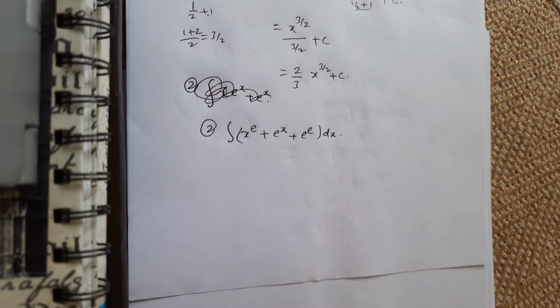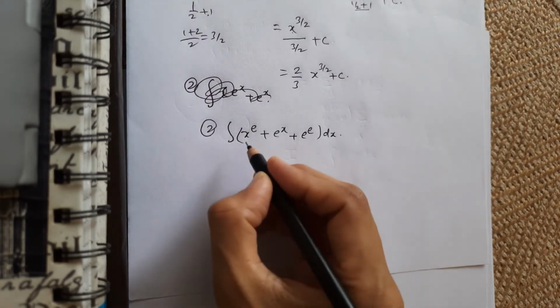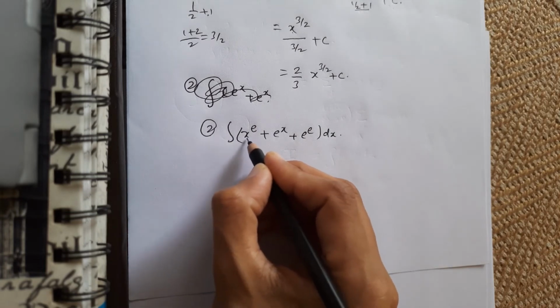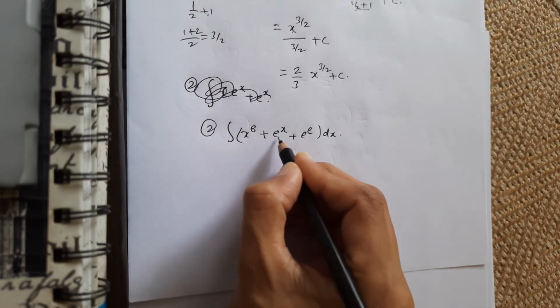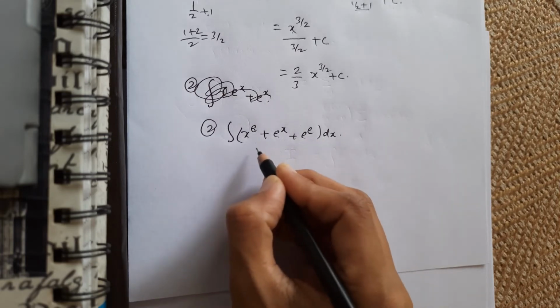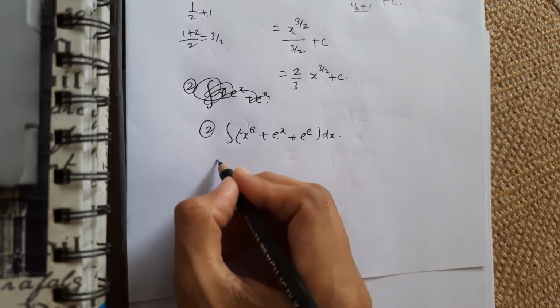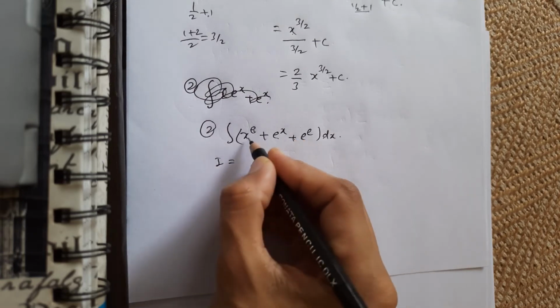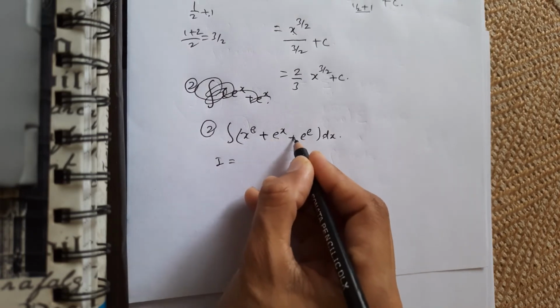Now the next example that I want to discuss is, we need to find integration of x to the power e plus e to the power x plus e to the power e dx. Now in a similar way as derivatives, we can write this integration separately with this plus sign.